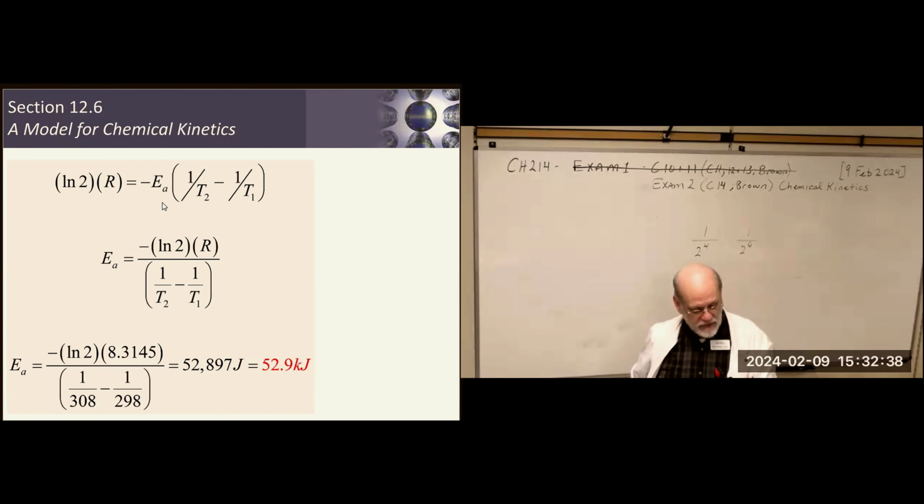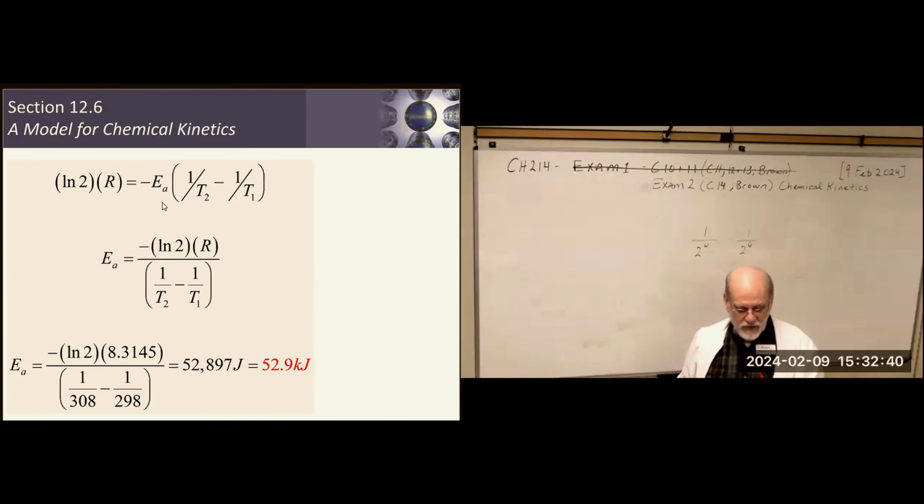Now that I have values for T1, T2, and R, I plug those values in, and the activation energy that would satisfy that rule of thumb is 52.9 kilojoules.